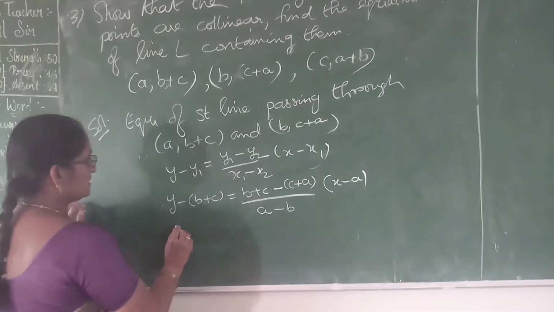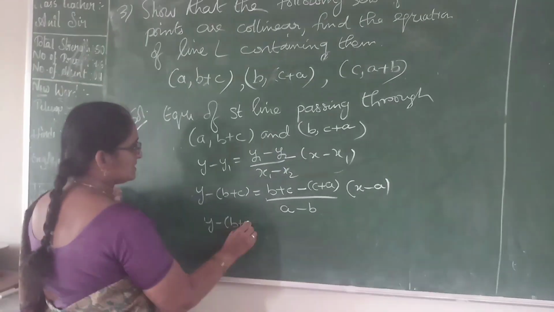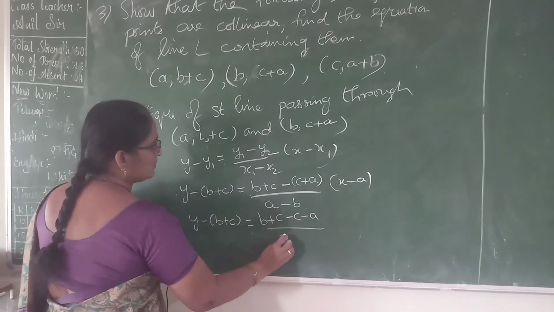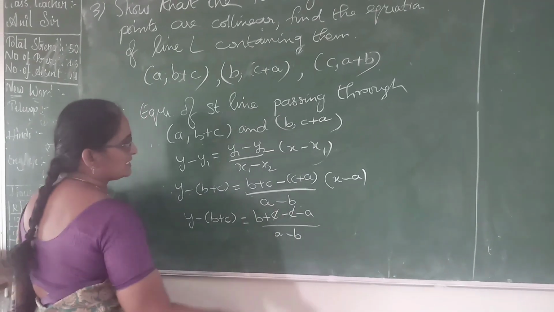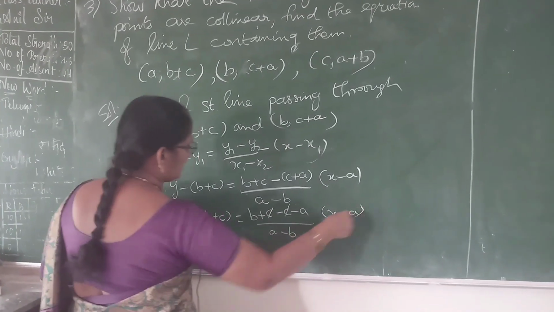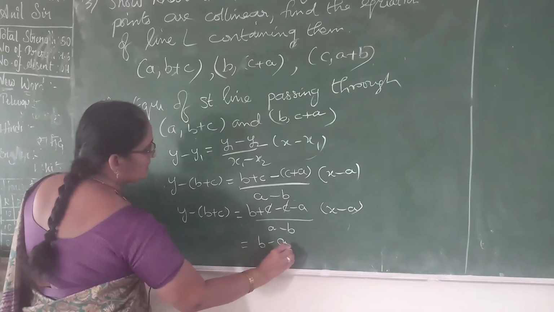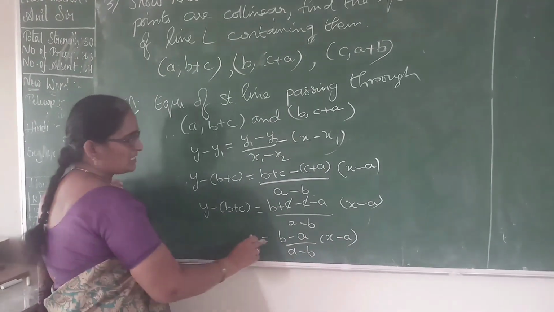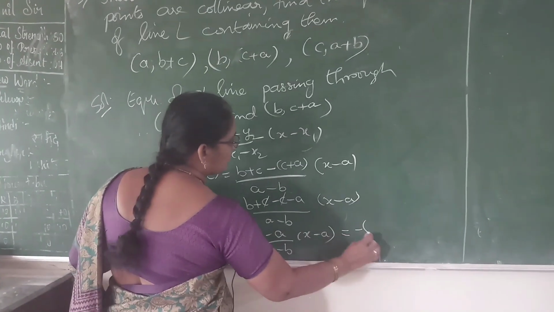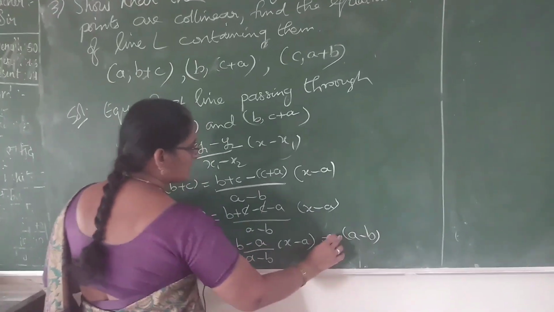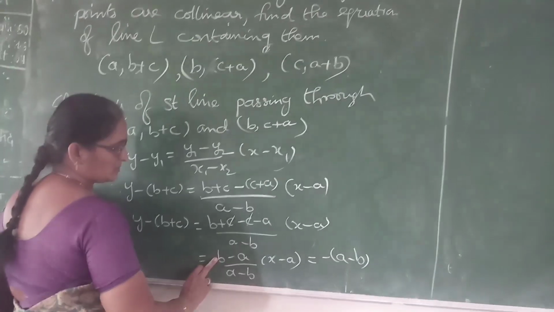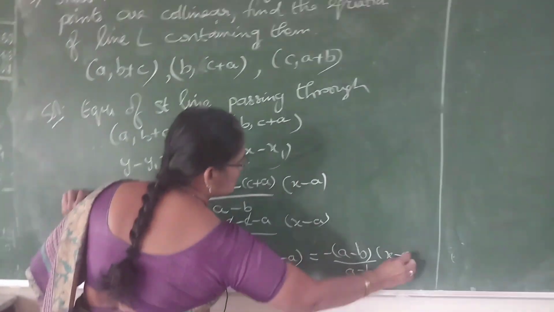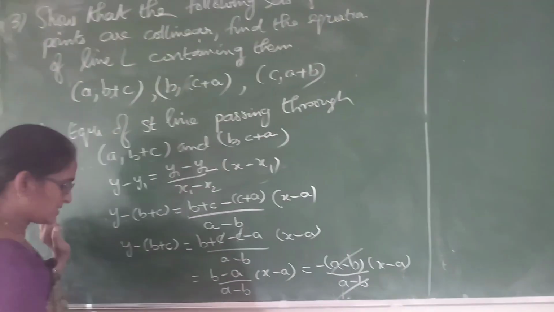So what you are getting here is y minus (B plus C) is equal to (B plus C minus C minus A) by (A minus B). This C and this C get cancelled, and you are getting x minus A. So what you got here: (B minus A) by (A minus B) into (x minus A). This B minus A can be written as minus of (A minus B), so this and this will get cancelled.